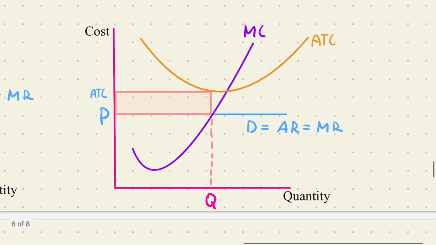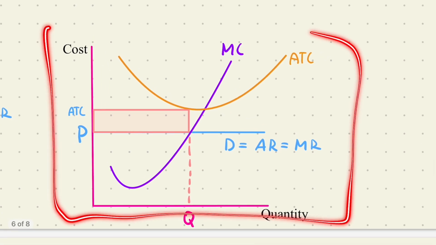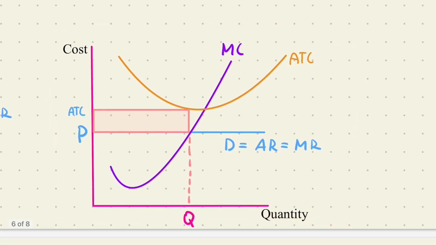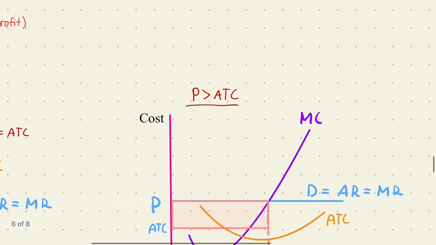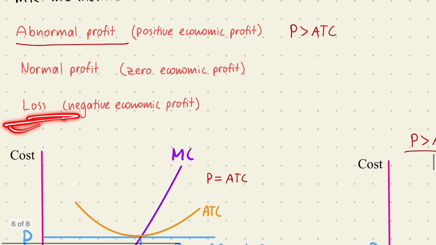Now we see on this third scenario that the average total cost is higher than the market price. So ATC, this means that we have a loss. So a loss, a negative economic profit.